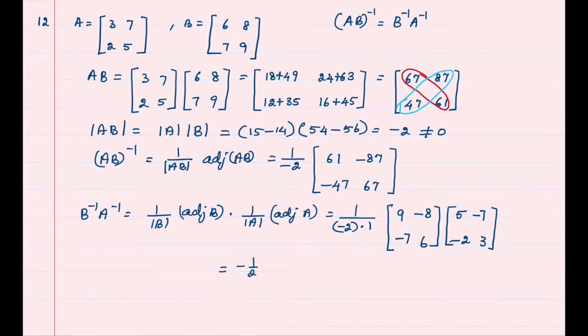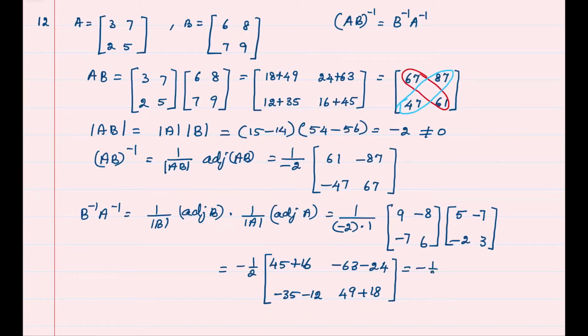Minus half into 45 plus 16. Here you have to add the corresponding products. By mistake, don't subtract. First row into second column, minus 63 minus 24. Second row into first column, minus 35 minus 12. Second row into second column, 49 plus 18.